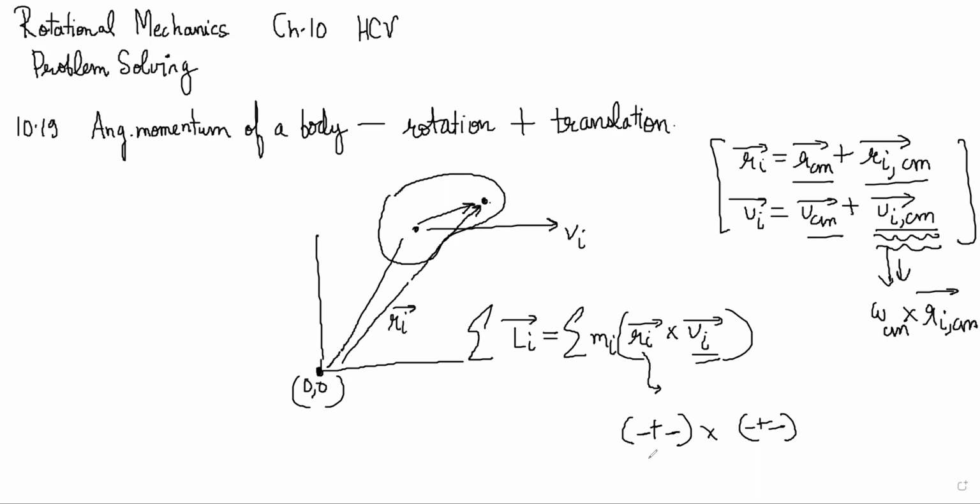Let's look at each of them one by one. The second bracket, summation of Mi Ri with respect to CM, what does it mean? We have already seen that it is zero.